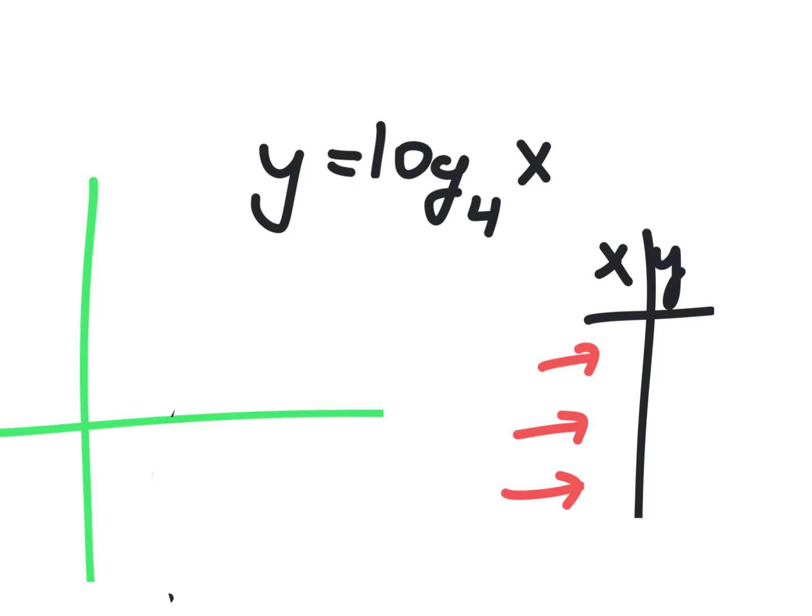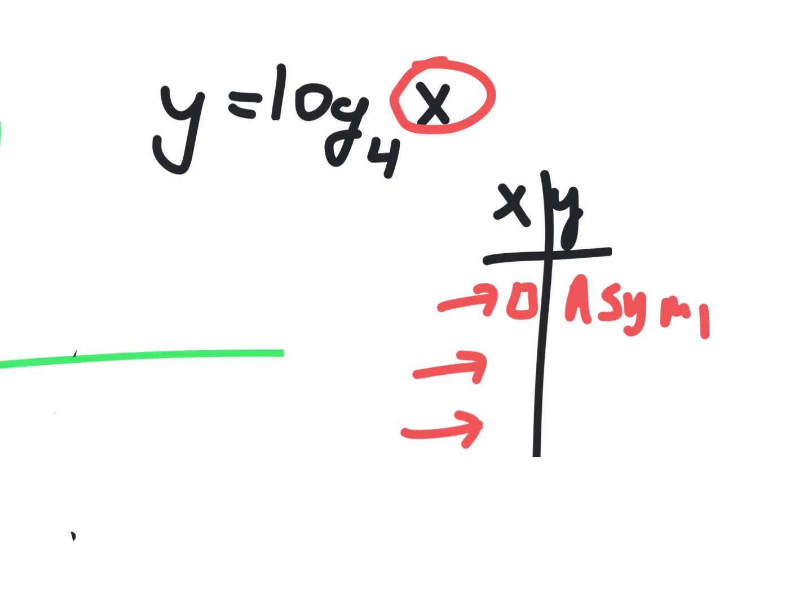Okay, here's my pro tip on which numbers I always pick. I always try to make this part be 0. You might be like, but that doesn't work. Yeah, but it gives me the asymptote. See how x is 0?